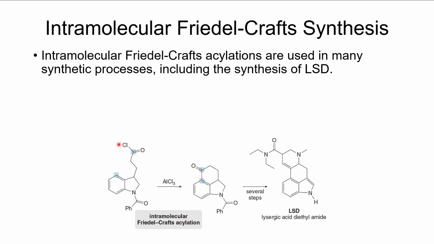The aluminum chloride can react with that acid chloride, form the acylium ion. This carbon can come in and do an intramolecular Friedel-Crafts acylation to give us this intermediate, and then this intermediate, along with a few other steps, can go along to give you LSD.